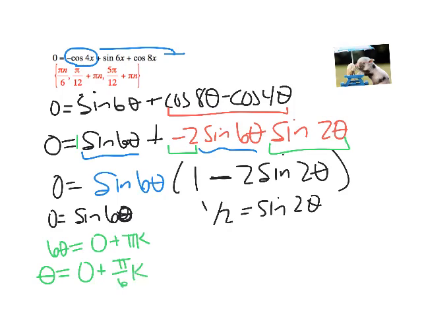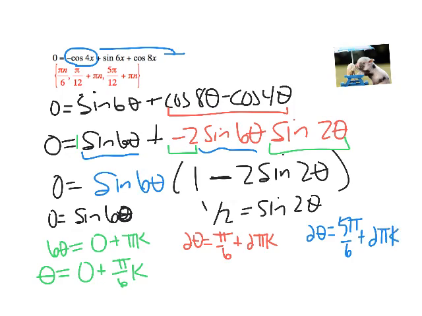And then where does sine equal 1/2? You get it at 2 spots, actually. So you take your 2 theta, set that equal to pi over 6 plus 2 pi k. And then you're also going to take that 2 theta, your argument, and set it equal to 5 pi over 6 plus 2 pi k.